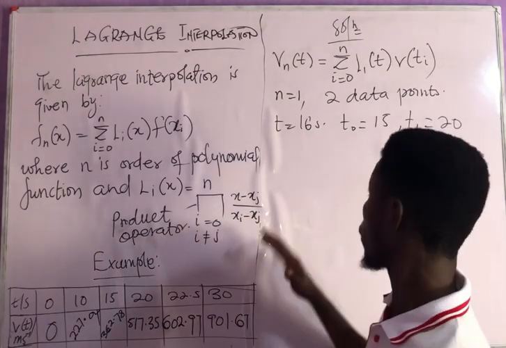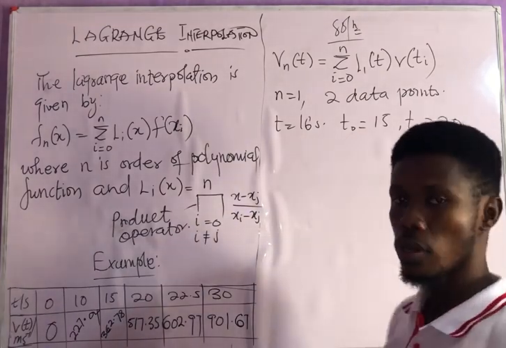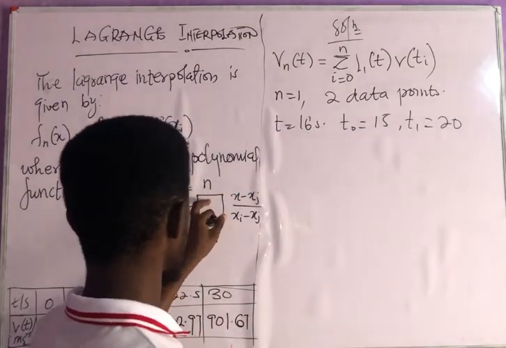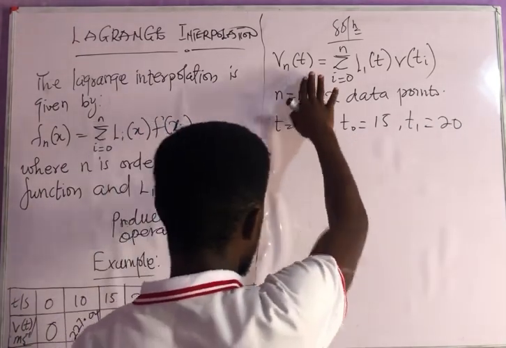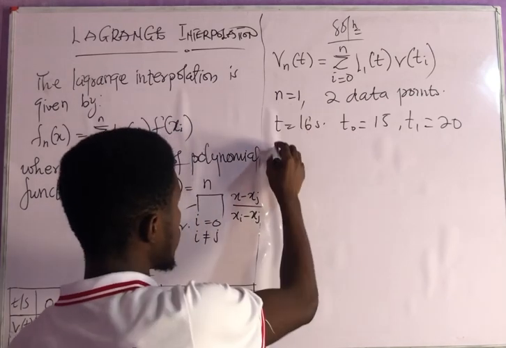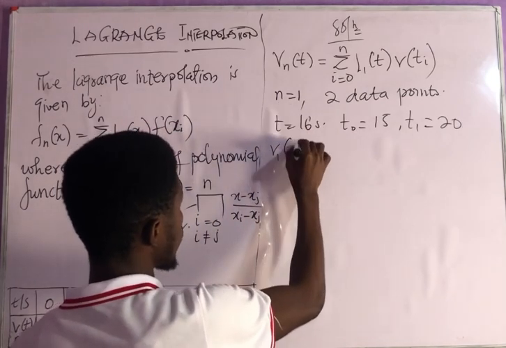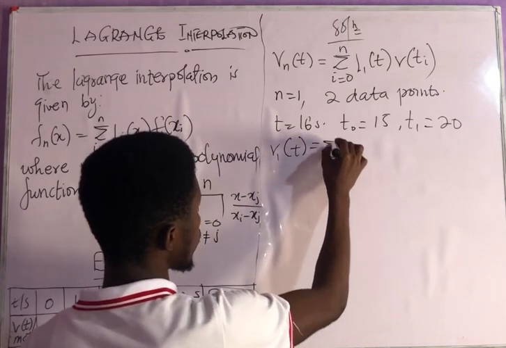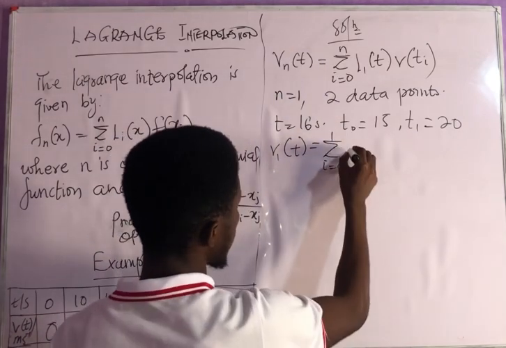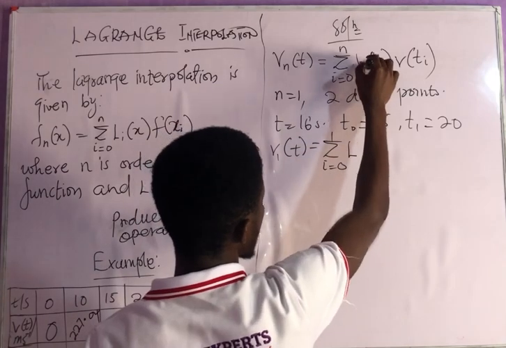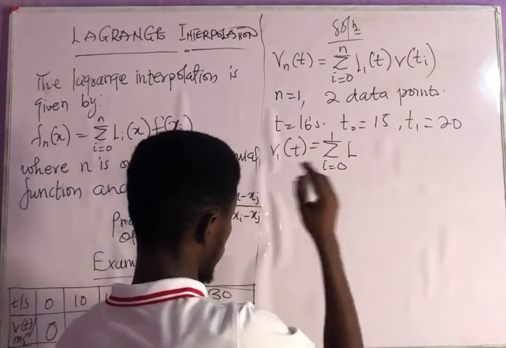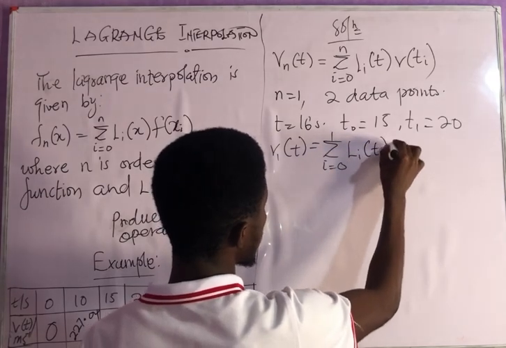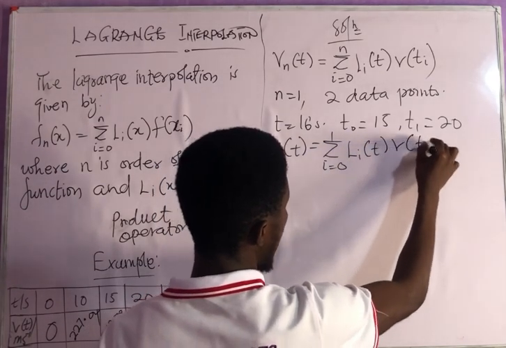Alright, so now that we have this information, what next? Let's consider this formula. Because n is 1, it means that we have V1 of t equals the summation, i from 0 to 1, of Li of t, V of ti.